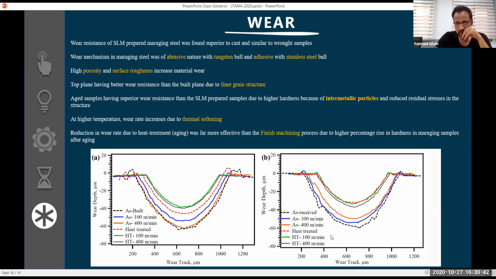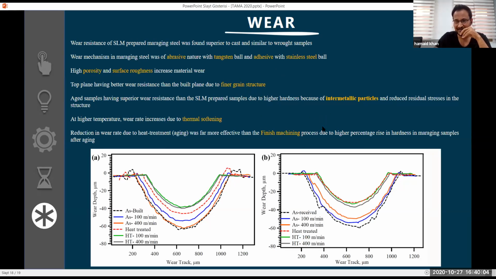We have also carried out a finish machining treatment here. Finish machining was done to improve the surface roughness, reducing it to be comparable to the rod specimens, in order to improve the mechanical properties, especially of the surface layer. We observed that it significantly improved the wear resistance.